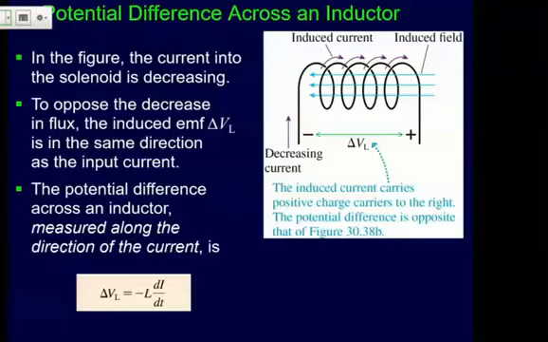So the induced current carries positive charges to the right. And so in here, this would be negative. The negative signs would cancel, and then your voltage would be positive. With our signage, if I come in at negative and come out at positive, I'm increasing my potential, my voltage, so it's a positive thing.